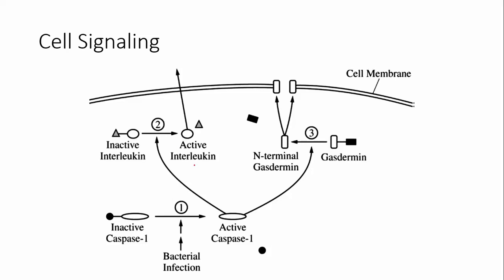So this active interleukin right here, okay, an arrow starts there, but there are arrows pointing to it. Like for example, from this inactive interleukin and from this active caspase. Okay, the active caspase, does it have any arrows pointing to it? Oh, it's got this one right here with bacterial infection. So the starting point of this guy is probably going to be this inactive caspase because it is what triggers all the rest of these reactions.